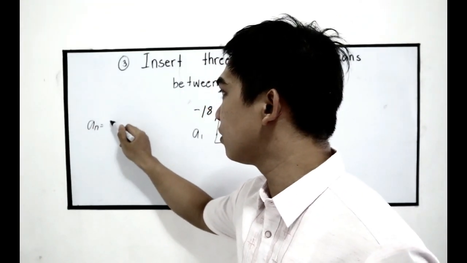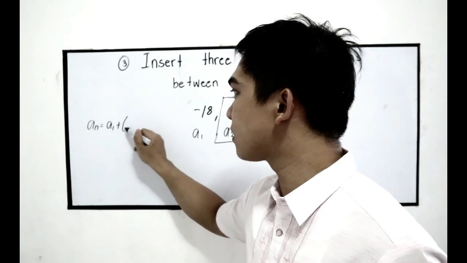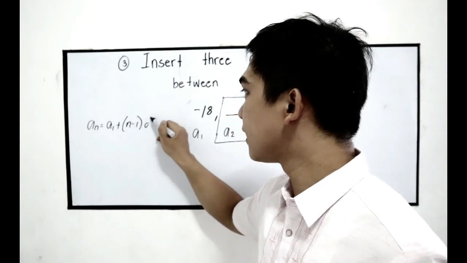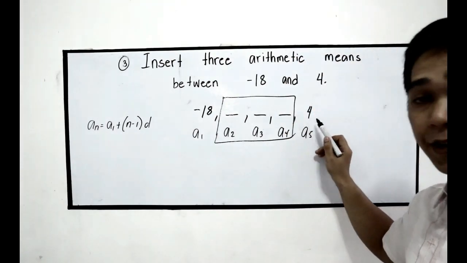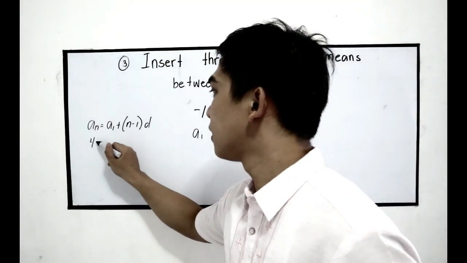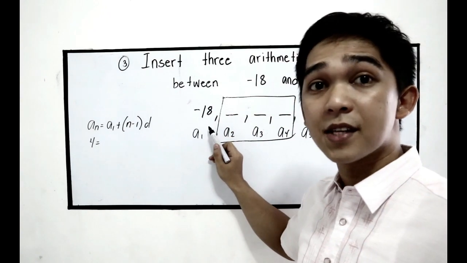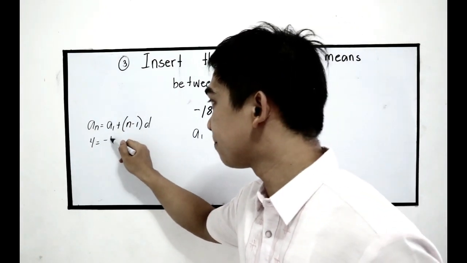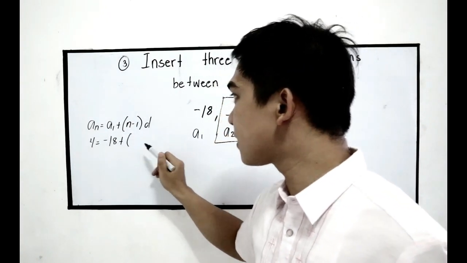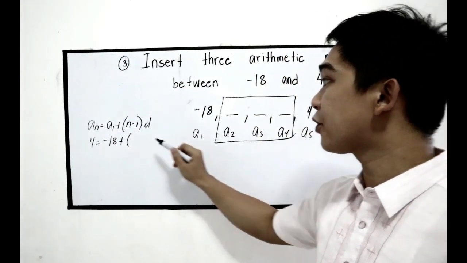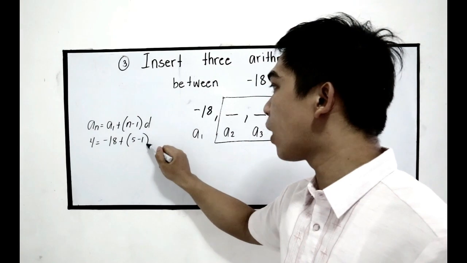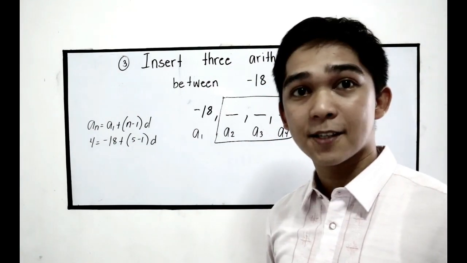an is equal to a1 plus n minus 1 d. Our last term is 4, is equal to, our first term is negative 18, plus, n is, we have 5 for the last term, minus 1 times the common difference.